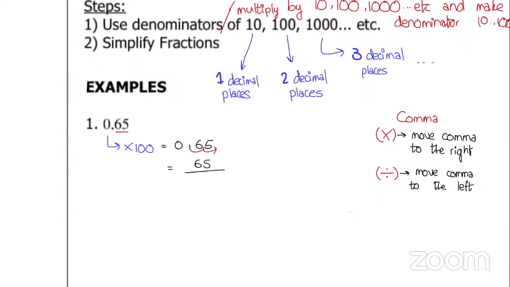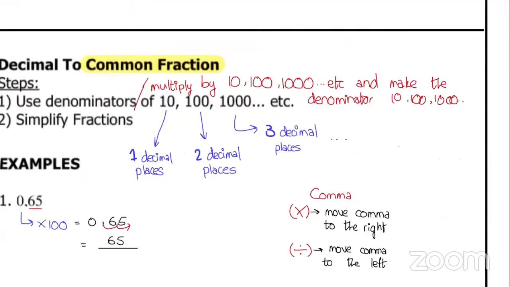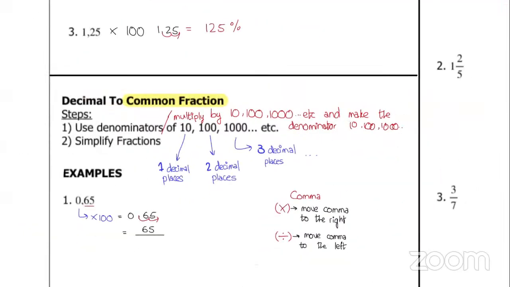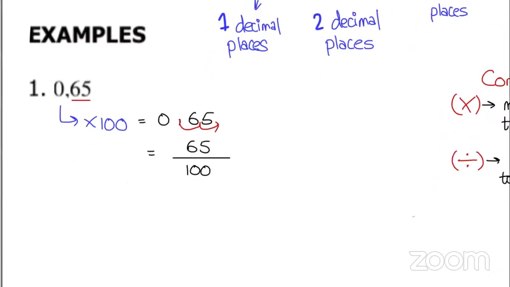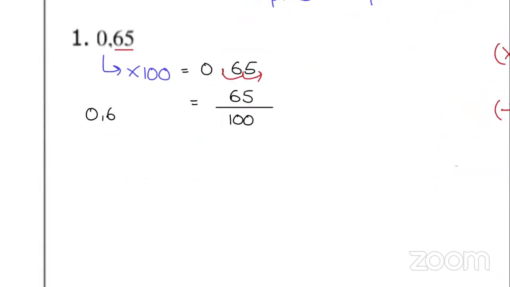Okay, and then I make it a fraction, and I make the denominator either 10, 100, or 1,000, whatever I just multiplied by. Essentially what you do is you put it over 1 and multiply the top and the bottom by the same number, 100. So therefore, you're not changing the value. Okay, 65 over 100, which you can also simplify.